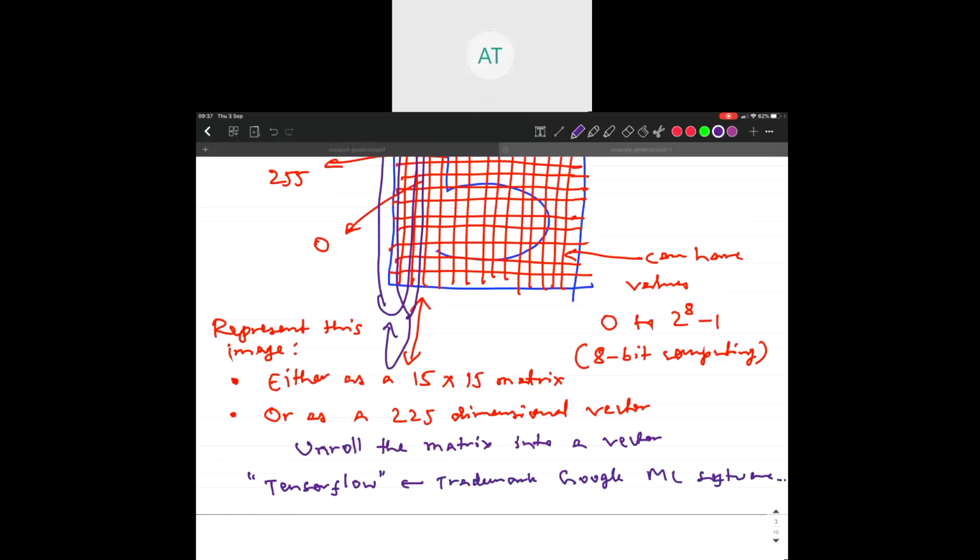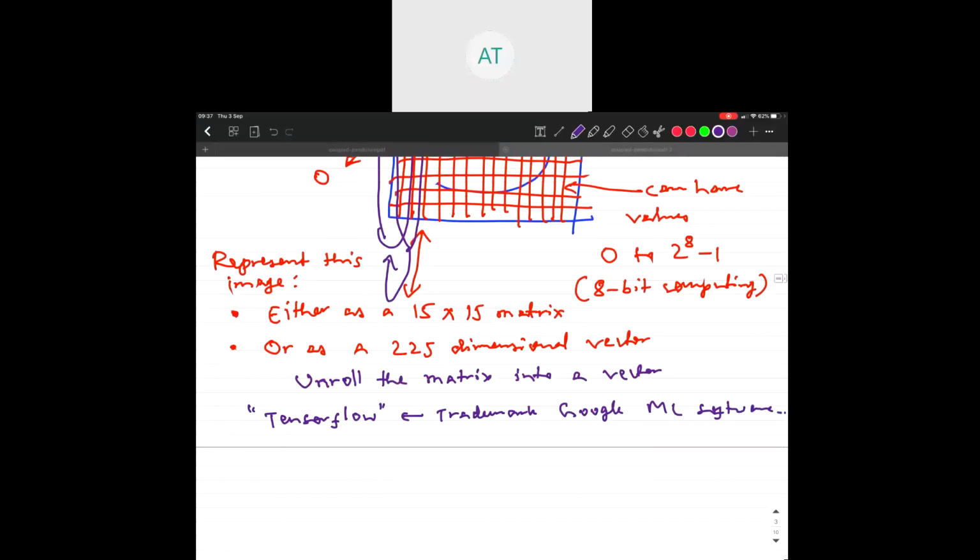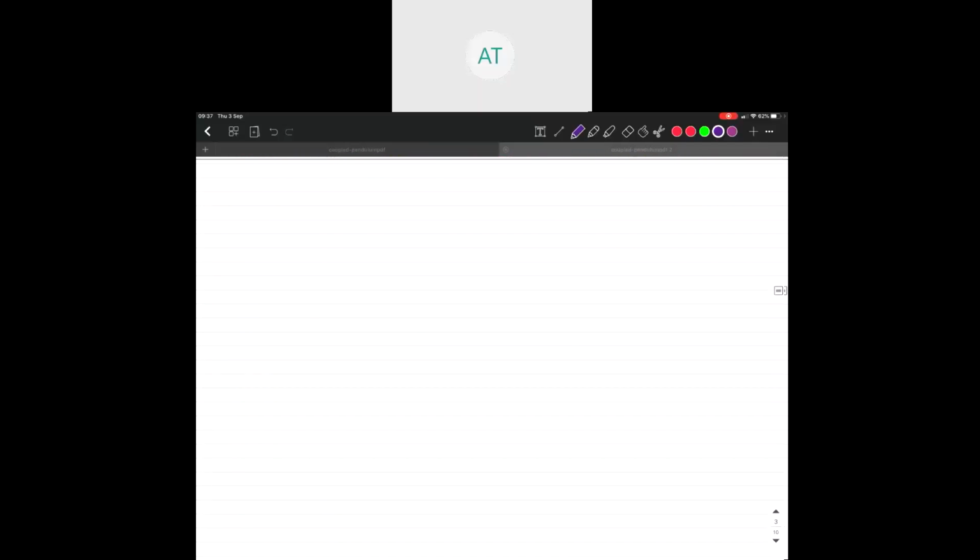Okay, so that's the reason why people call it TensorFlow.